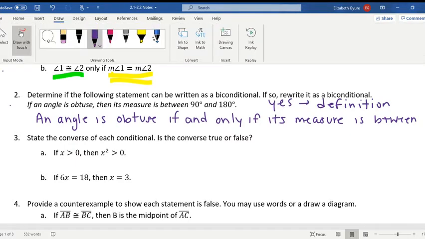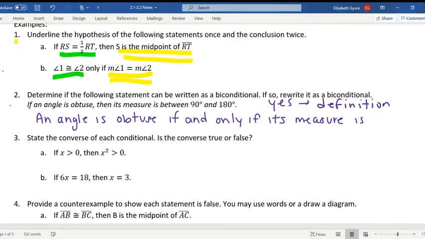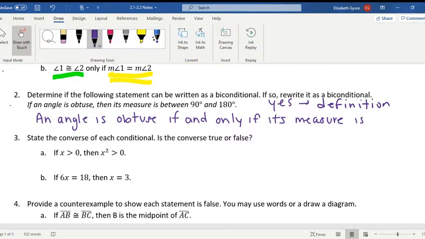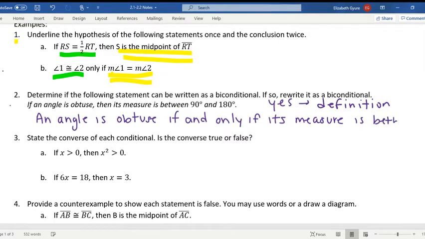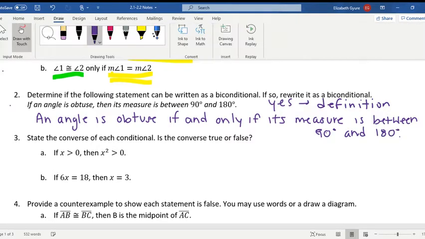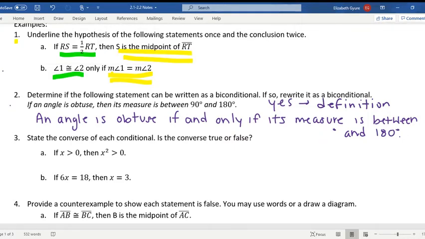Oh, I spelled between wrong. Is between 90 degrees and 180 degrees. And that is how we would write a biconditional statement.